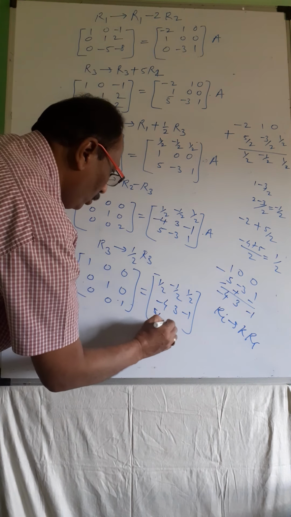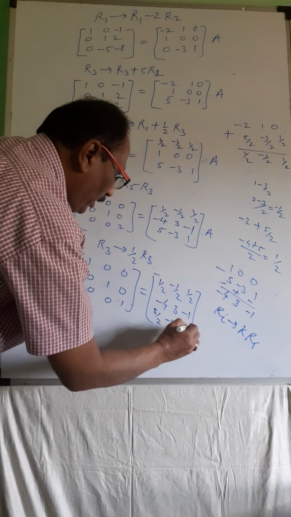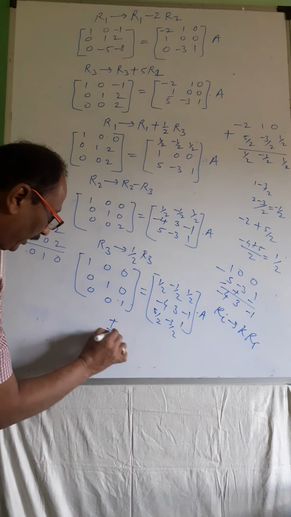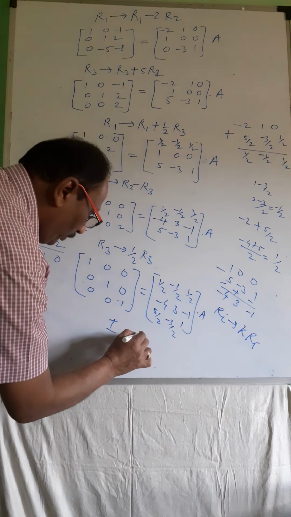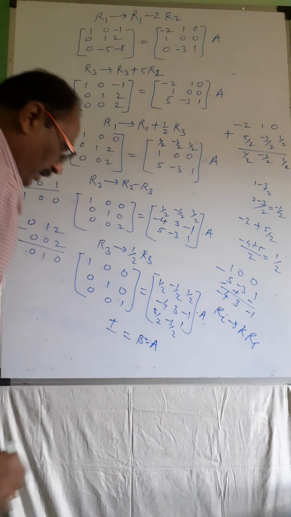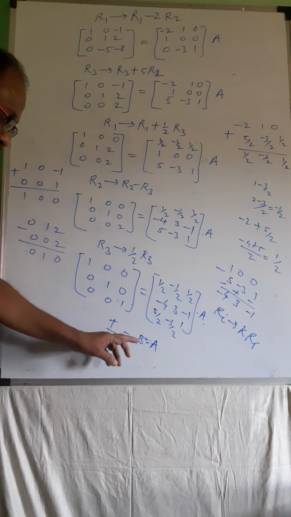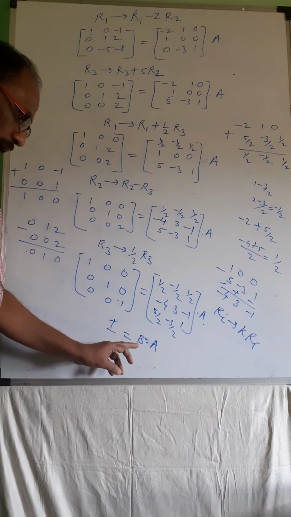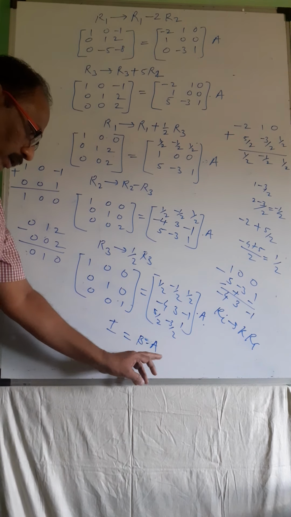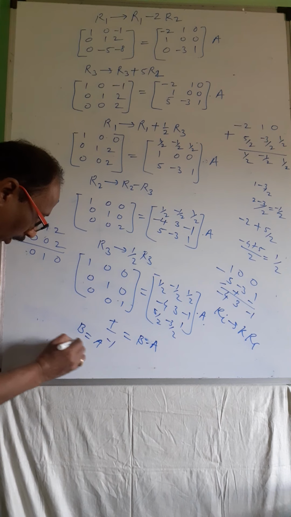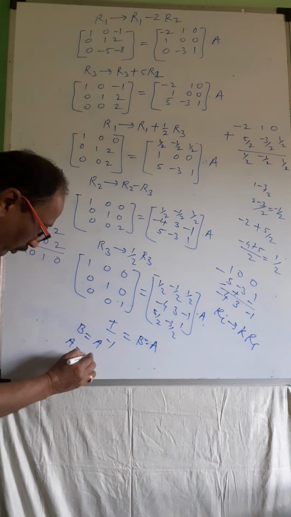Means here half, minus half, half, minus 4, 3, minus 1, 5 upon 2, minus 3 upon 2, and 1 into A. Means this is identity matrix. This is matrix suppose B and into this is matrix A. Means I is equal to B into A. Product of two matrices B and A, square matrices of order 3 by 3, B into A is equal to I, means B is equal to A inverse or A is equal to B inverse.